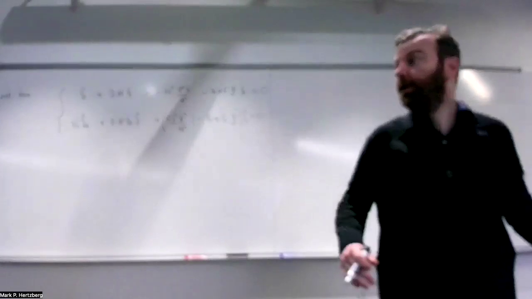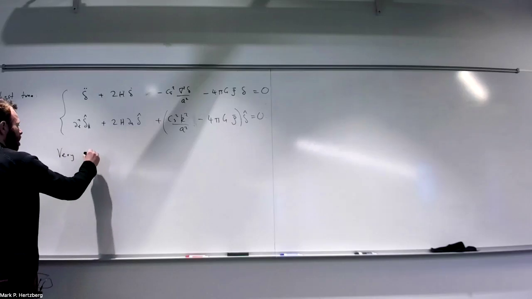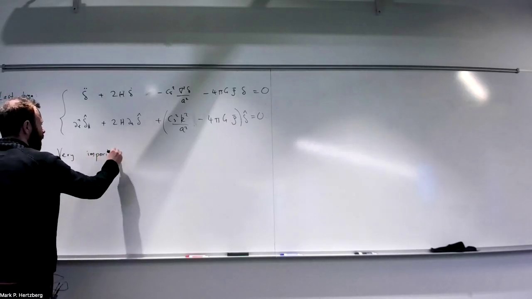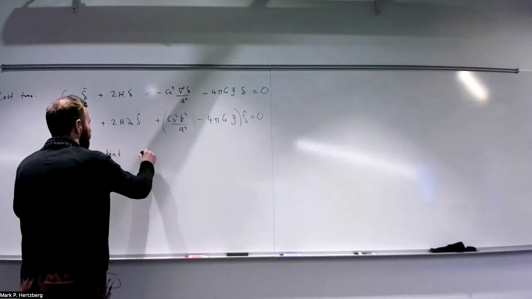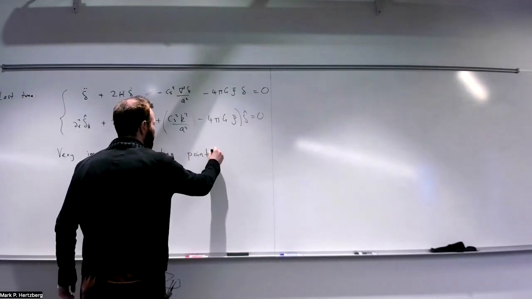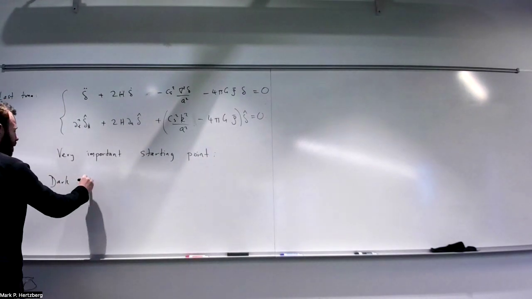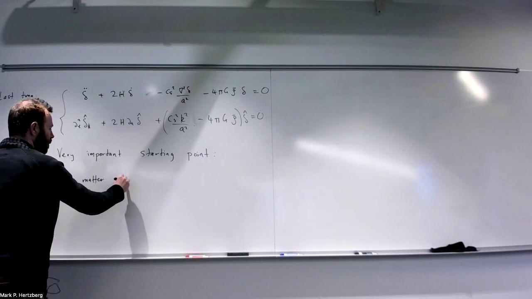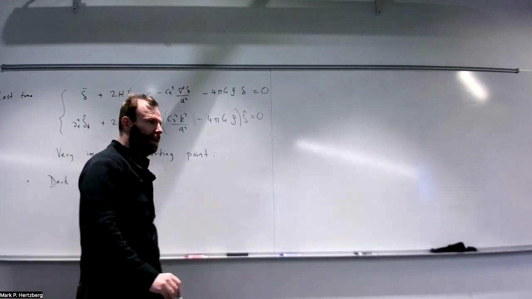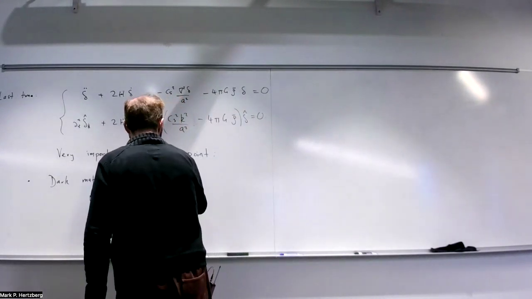But as I said, as a first pass, which turns out to be a very important starting point, we'll just focus on dark matter only. By that, to be clear, I just mean no baryons.